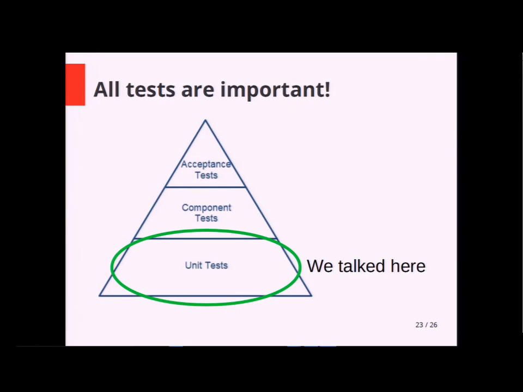And yeah, I just want to emphasize that all tests are important. Today I talk about unit tests. I mean tests where you want to test what is inside your plugin. You don't see your plugin as a black box and test only the API. You want to test validators and the internal behavior inside your plugin, which is really convenient when you are doing, for instance, test zero in development.